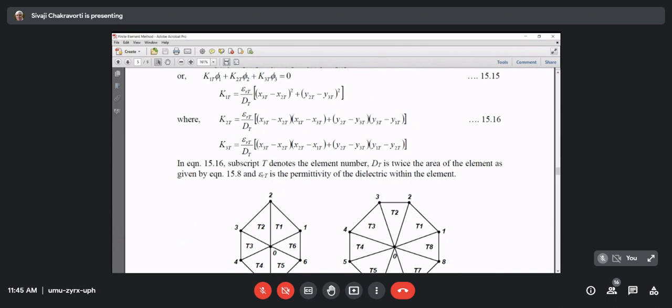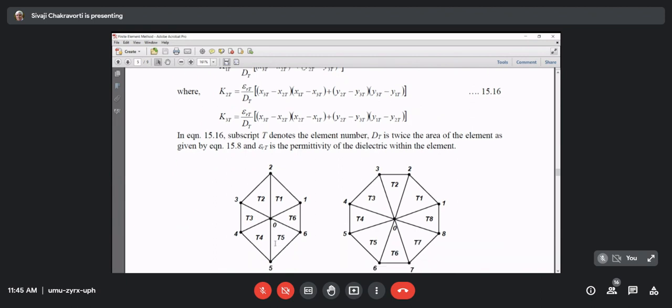So if you look at T1 of the figure, node 0 is node 1, then node 1 is node 2, node 2 is node 3. And if you take T2, then node 0 is node 1, node 2 is node 2, and node 3 is node 3.